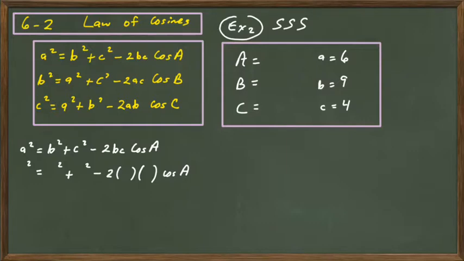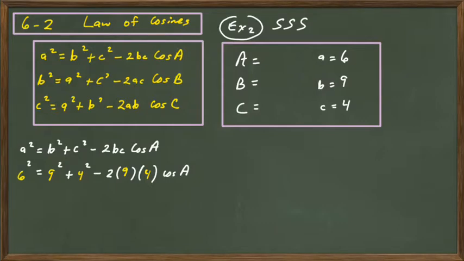So what do I put in place of the A? 6. What do I put in place of the B's? 9. You'll notice there's 2 places for the B's. How about the C's? 4. And there's 2 places for the C's, I think. So what happens now?